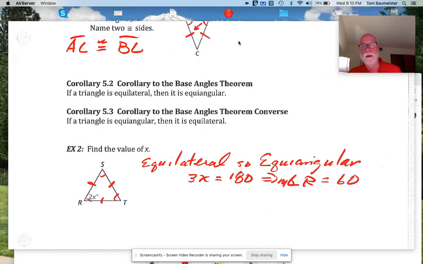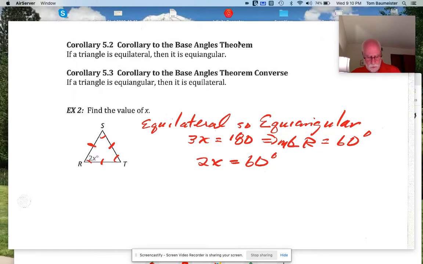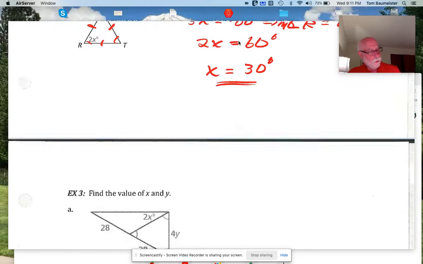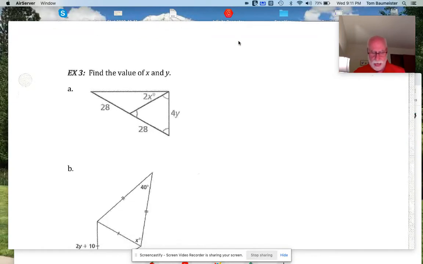So the measure of angle R is equal to 60 degrees. But according to what we have here, we know that angle R is equal to 2x. So we know that 2x is equal to 60 degrees. So again, if we divide both sides by 2, we get that x is equal to 30 degrees. All right. And then our last two examples, find the values of x and y.